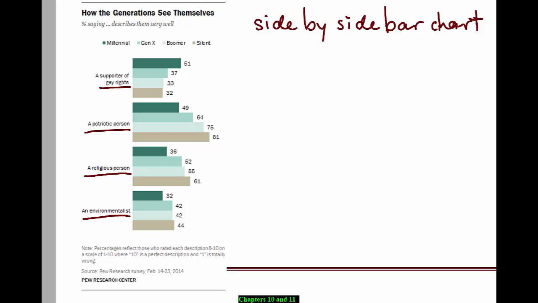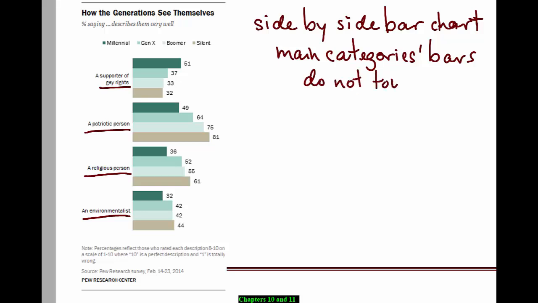So in a side-by-side bar chart, main categories bars do not touch each other, that is.